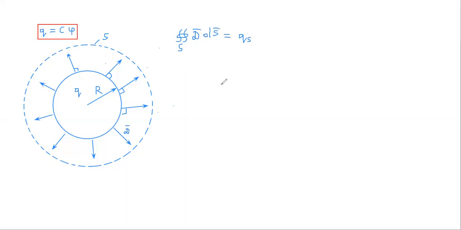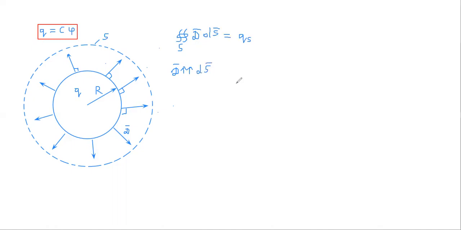Why have I chosen this form of surface S? Because in this case the directions of vector D and vector dS are the same.